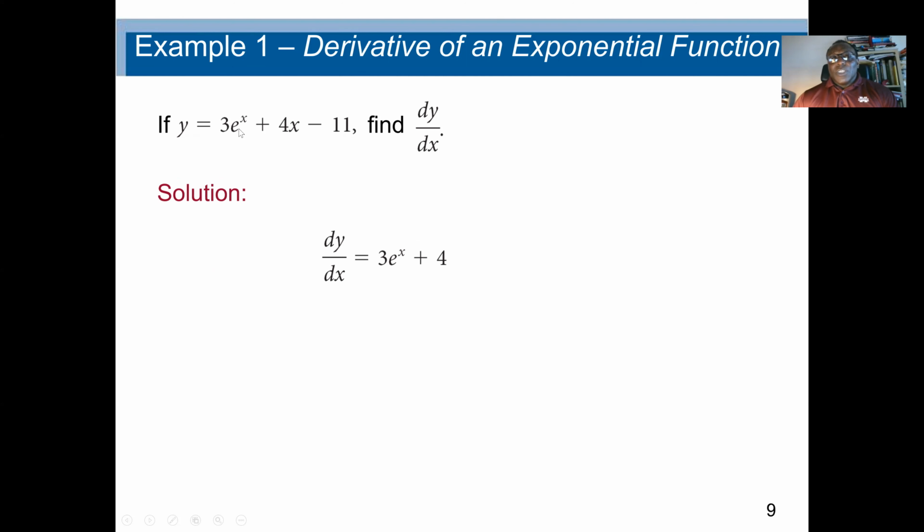The derivative of 4x is 4. The derivative of a constant is 0, so the derivative of 11 is 0. So in short, for y equals 3e^x plus 4x minus 11, we get 3e^x plus 4.